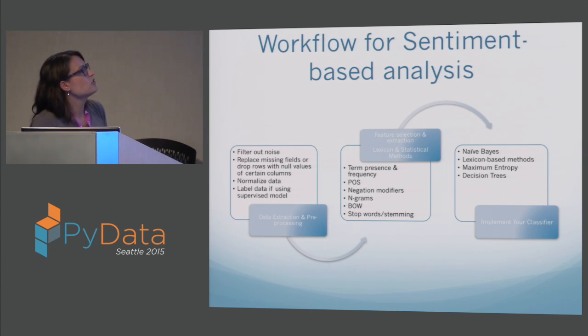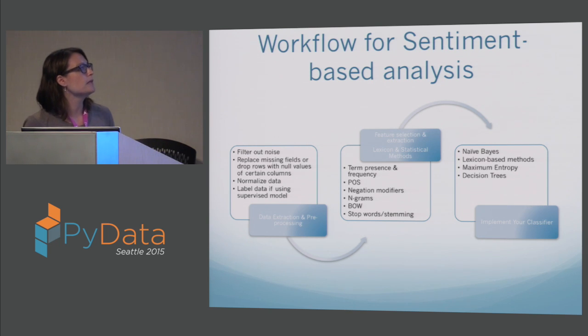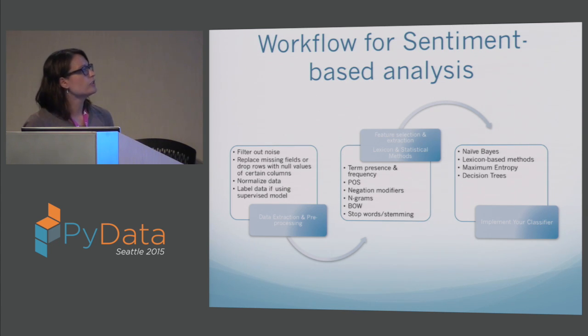Feature selection and extraction. Negation modifiers are really important, and that's why I expected bigrams to be more useful than unigrams, because "not good" changes the meaning of "good" and such. So that actually kind of surprised me.